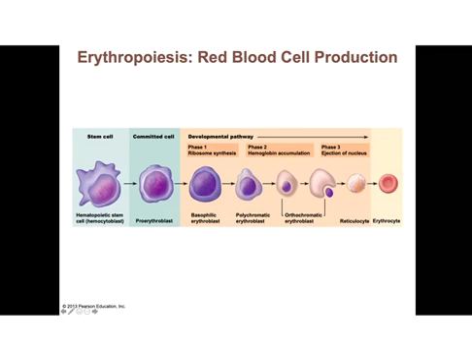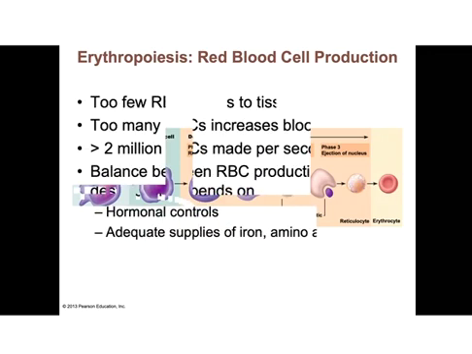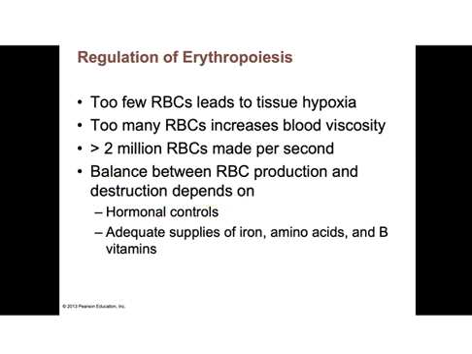And remember that B12 is absorbed across the lining of the stomach using a protein called intrinsic factor. That's what gets it into the bloodstream and then gets it to the red marrow. If you don't have intrinsic factor, or you make too little of it, you end up with a condition called pernicious anemia, meaning you've got to get B12 shots in order to maintain your red blood cell levels.